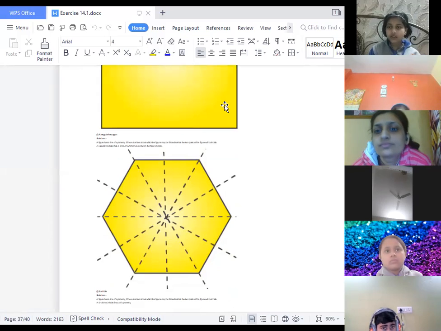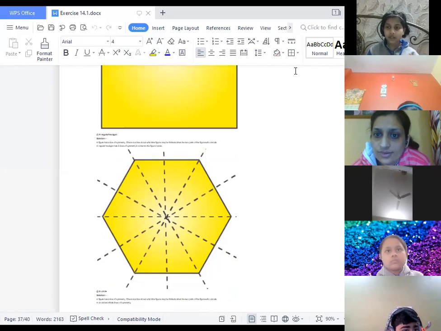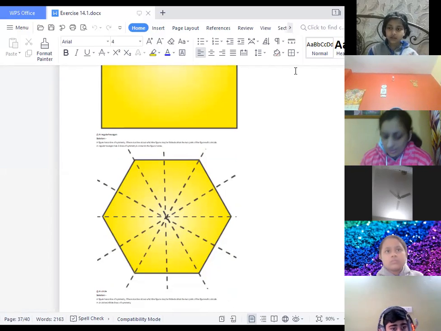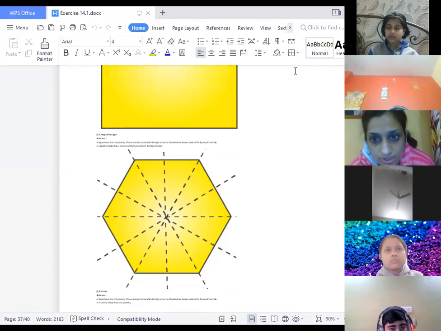Yes, Avika, unmuted. Ma'am, I am not clear with the quadrilateral, as there are different types of quadrilateral. Some have symmetry and some do not. So how can we identify them? I told you that quadrilateral means any 4-sided figure. So it can be any.